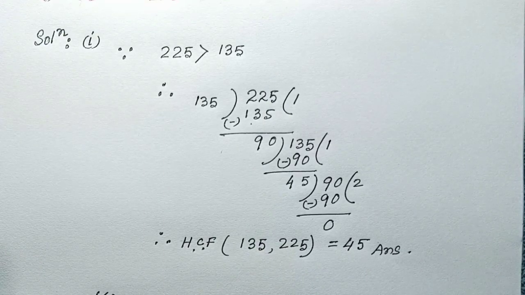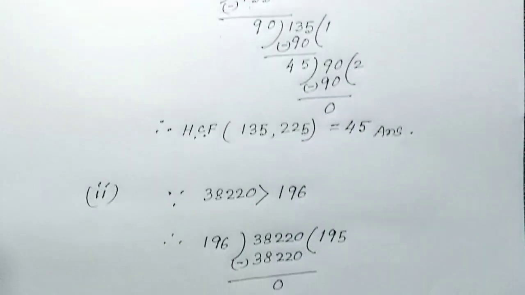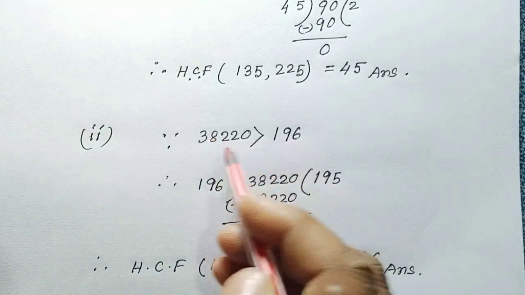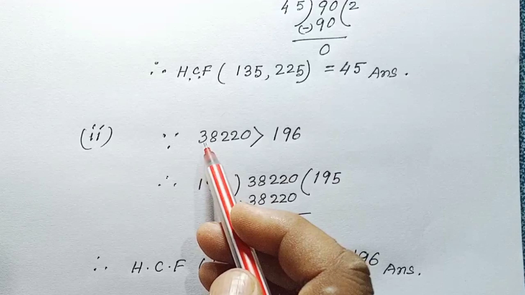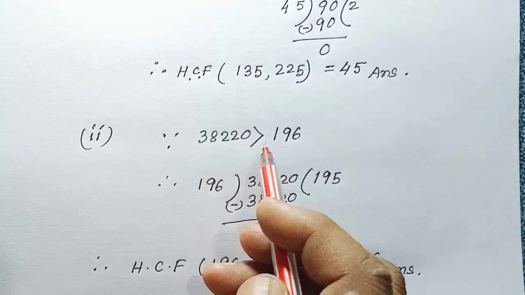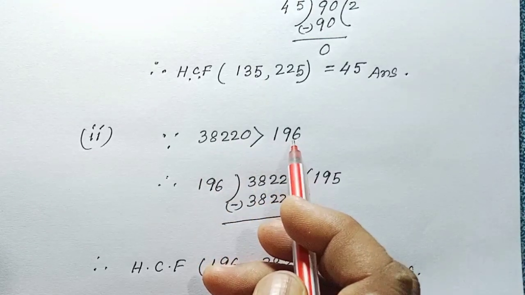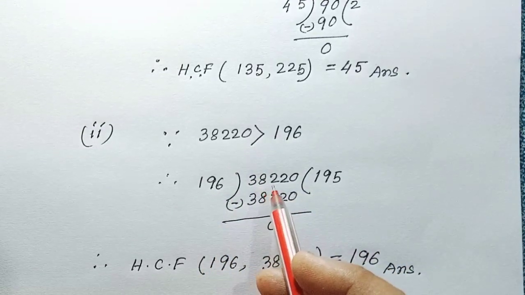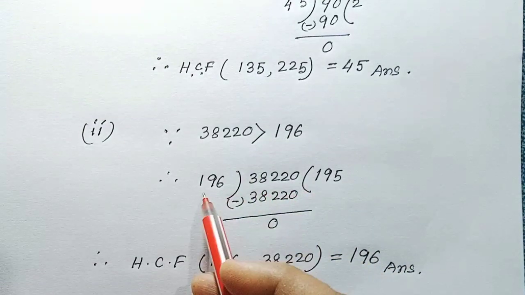Next, (ii). In between these two numbers, 38,220 is greater than 196. It means that we have to divide 38,220 by 196.